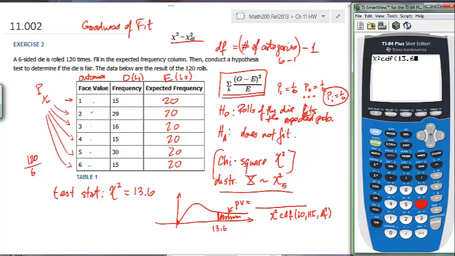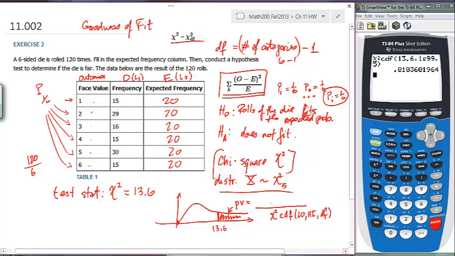Our high, now remember, if it goes on forever like in this case, we'll label it as 1, and then the scientific notation E, 99 zeros, that's a very large number. And then don't forget your degrees of freedom, which in this case is 5. And let's figure out what that is. So we got a p-value of 0.01836.